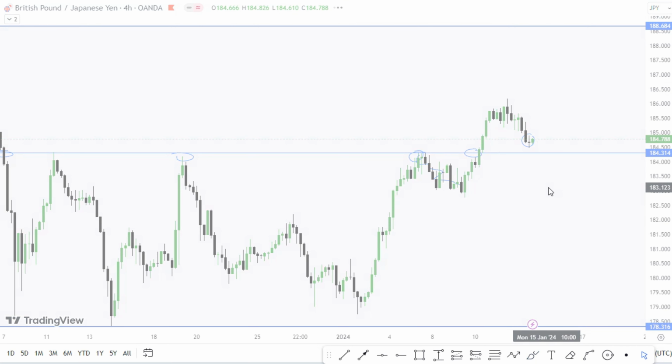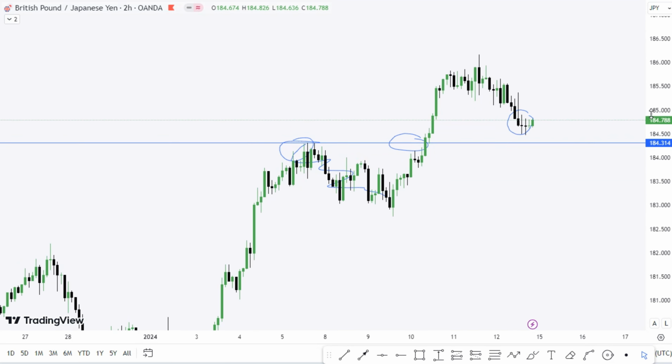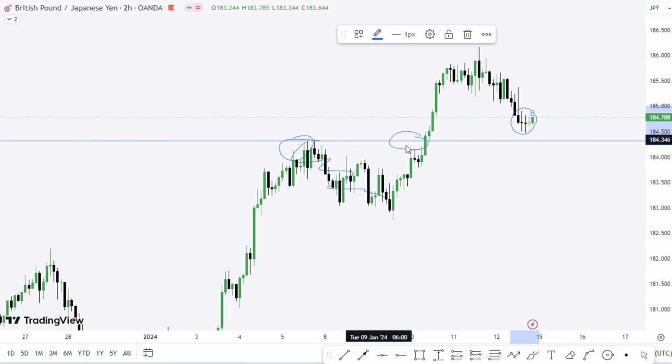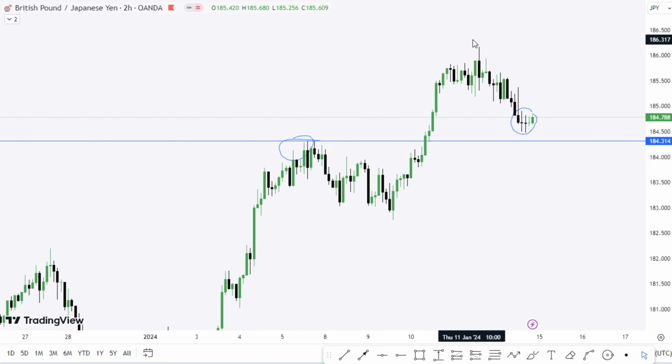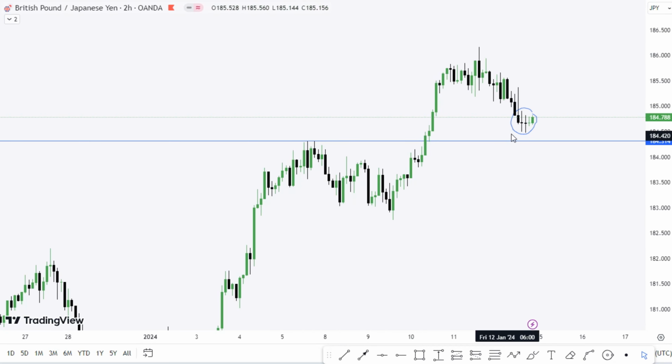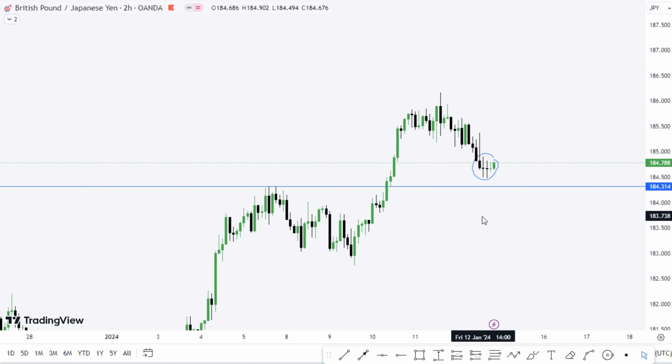Okay, so dropping to the 2 hours time frame, we see we have some dojis around these areas here, which is the area of the support zone. So after this resistance turned into support after the break here, we expect to see pullbacks to come and retest around these areas here.